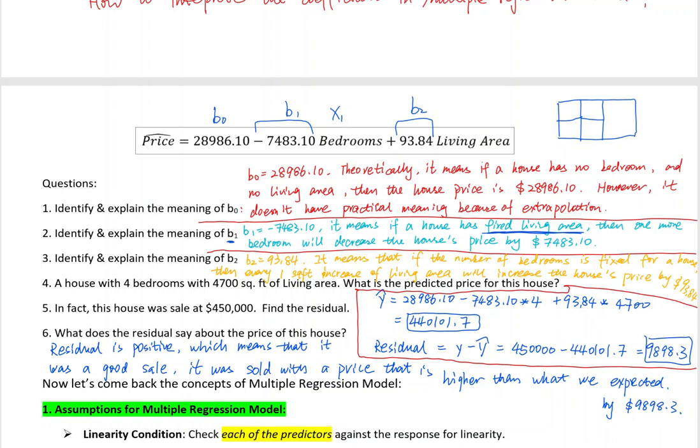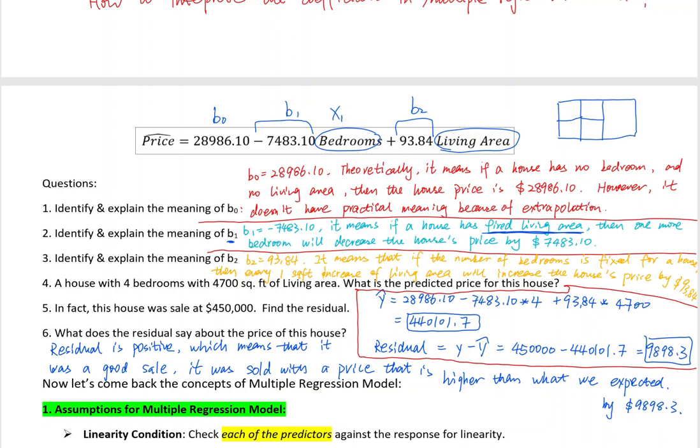All right, so that means when we interpret this variable, we need to consider the other variables. The same thing applies to how you explain B2. B2 is 93.84, right? So what does that mean? Again, if you want to interpret this B2, you need to control the others, right?